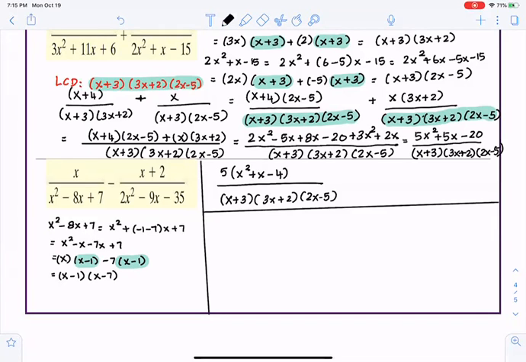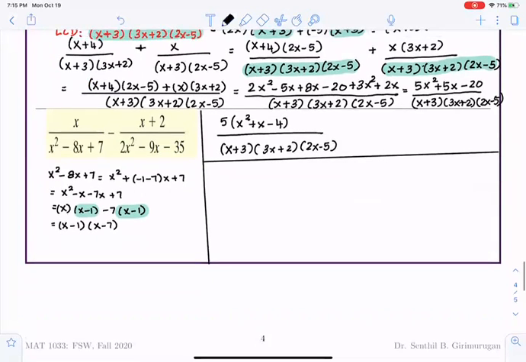Now we've got to do the same with the second denominator, which is 2x squared minus 9x minus 35. So I need to come up with two numbers so that when I multiply, I get the product of 2 and negative 35, which is negative 70. And when I add, I get negative 9.